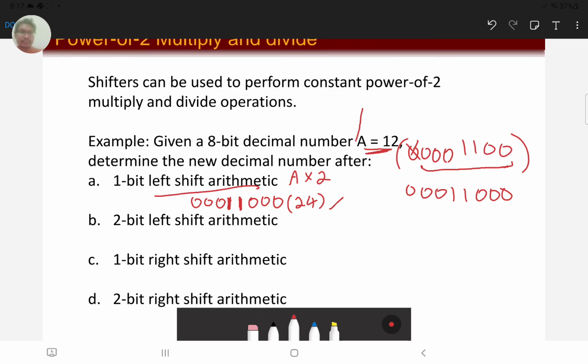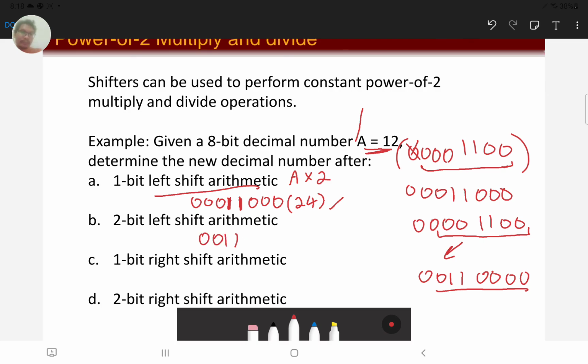For a 2-bit left shift, we have the original number. We take this number and we get 0 0 1 1 0 0 0 0, and it's an arithmetic shift, filling in 0 0. So that's our answer, and here it is actually 48.